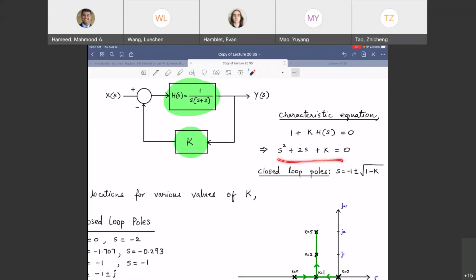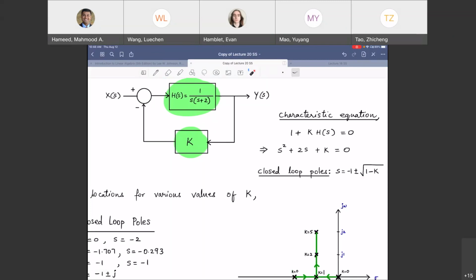So from this, I'm pretty sure you are able to go here, right? Negative B plus or minus square root of B squared minus 4AC, over 2A. You know that formula. You use that, you find the two values of s. Essentially, those are your poles, the starting poles, because it depends on K. As I change K, the poles are going to move.